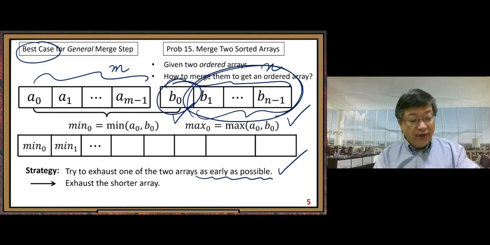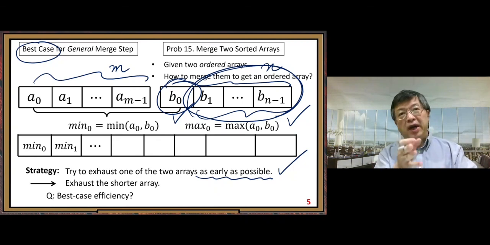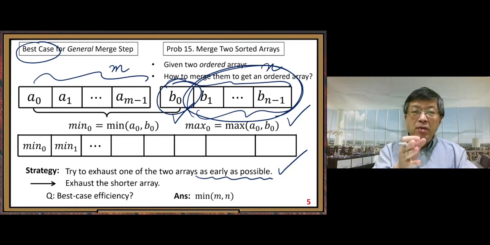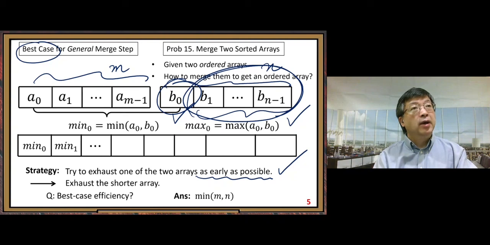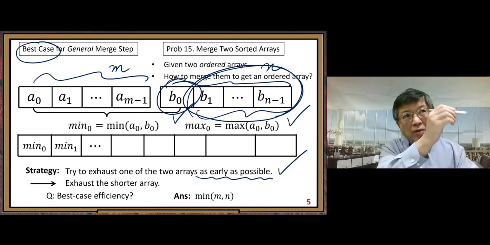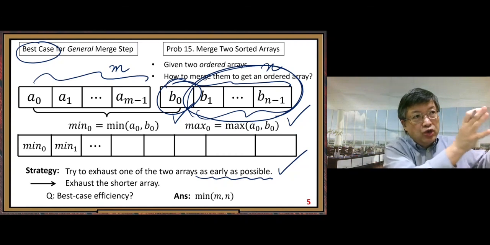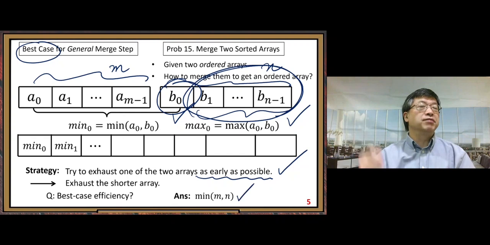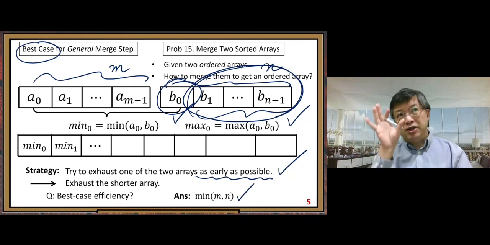With this strategy, we can get our best case efficiency. What is the formula for the best case efficiency? The answer is the minimum of m and n, because one element has to beat all the elements in the smaller, shorter subarray. So we need this many comparisons. So that's the best case.